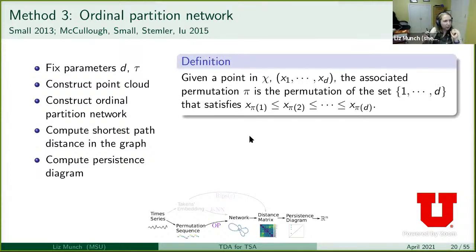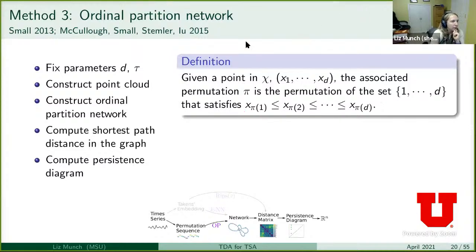If you give me a vector, a point in R^n, I can look at the permutation, which is essentially the ordering of the points so that they're sorted. What permutation of the indices do I need to get them into sorted order?